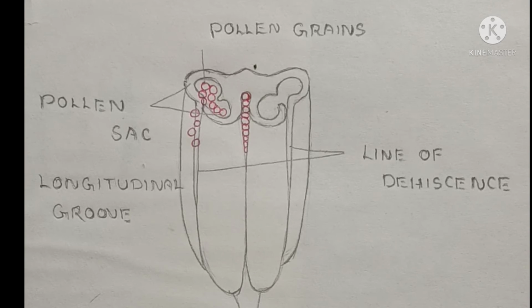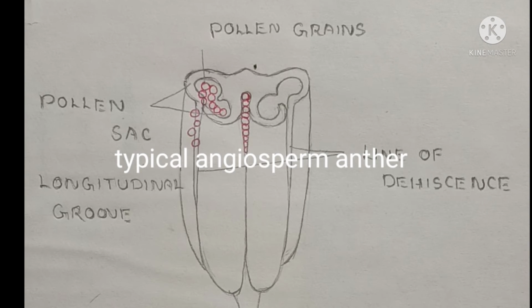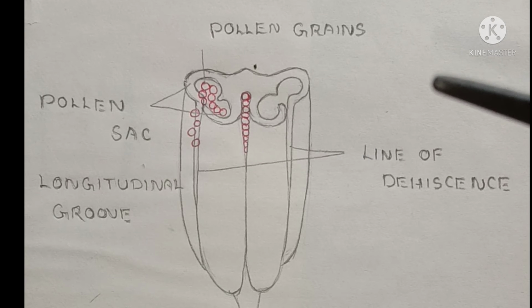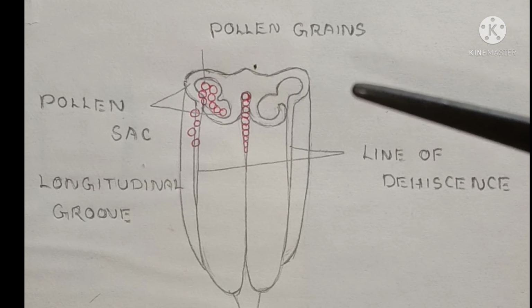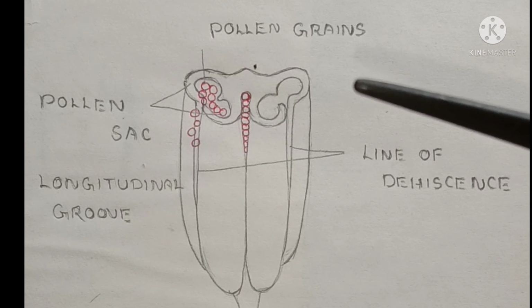A typical angiosperm anther. Angiosperm means flowering plants' anther. A typical angiosperm anther shows that it is made up of two lobes.